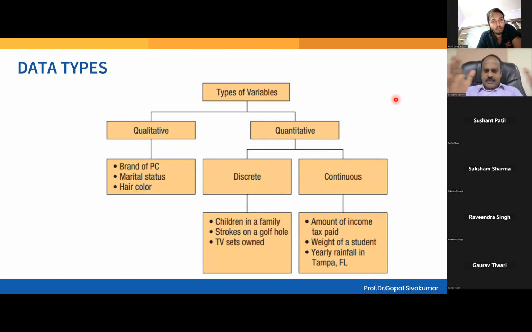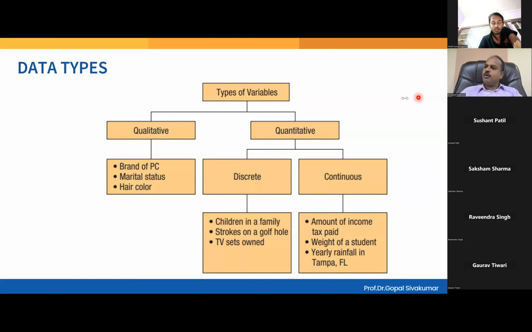So data can be divided in this manner. First classification, qualitative data. Another one is quantitative data. Any information that you collect without using numbers is known as qualitative data. I collect all your native places, and that was beautifully typed in an Excel file.